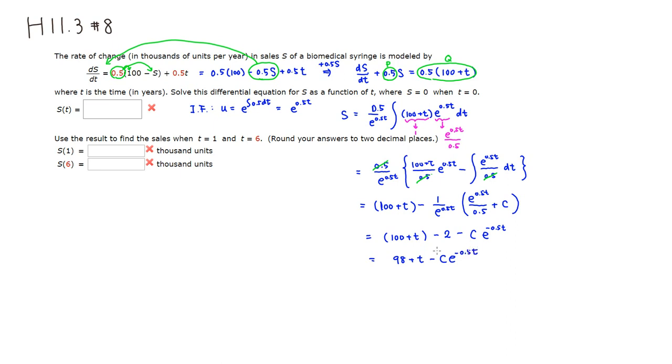Then we have another condition. It says that when t equals 0, s is 0. So we can use s of 0 when t equals 0. Plug in 0, so you have 98 minus c e to the 0, which is 1. So this has to be equal to 0.